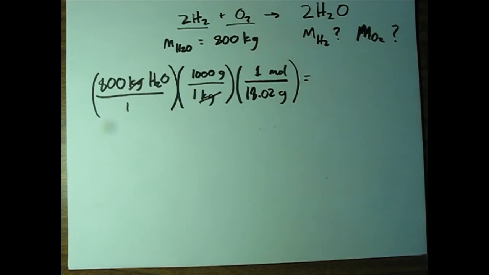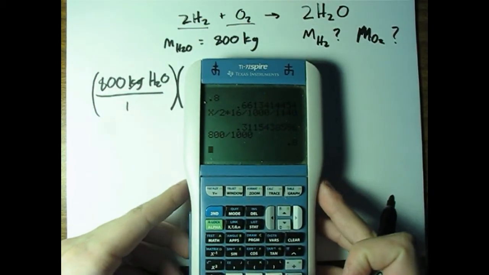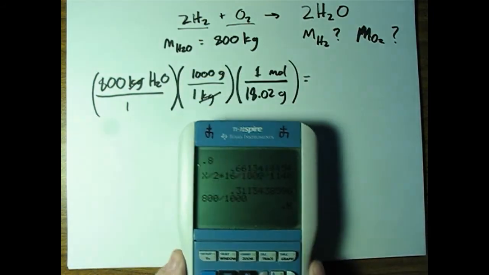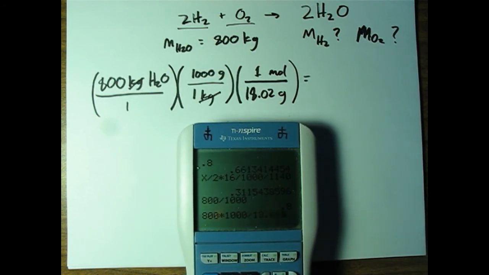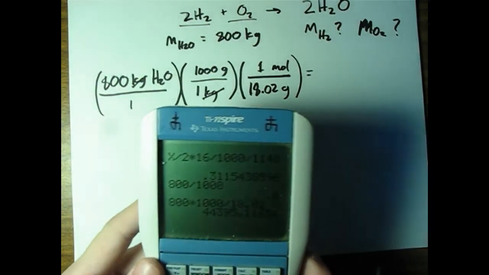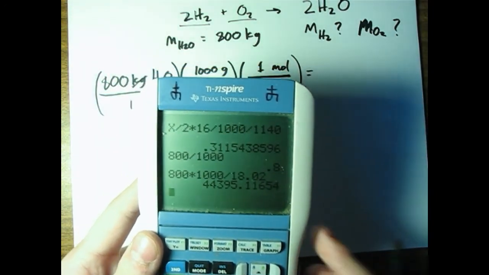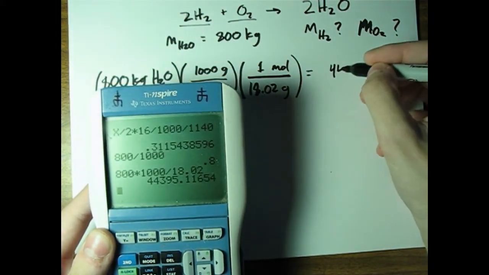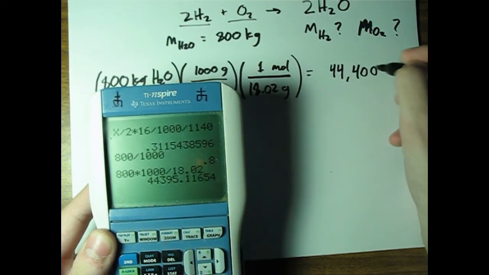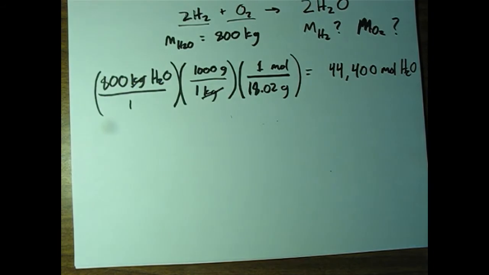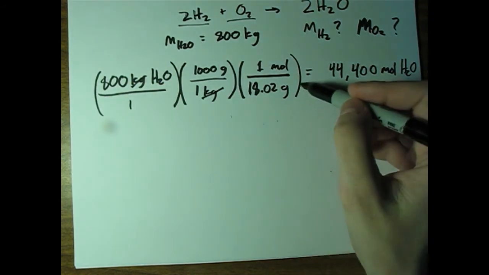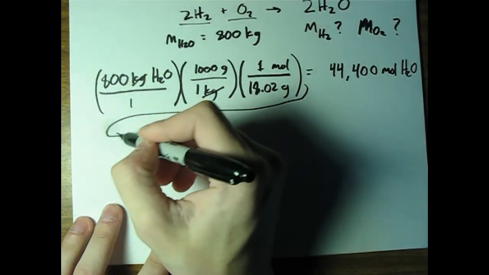If you calculate this out, we get 800 times 1,000 divided by 18.02. And that's 44,400 or so moles of H2O.